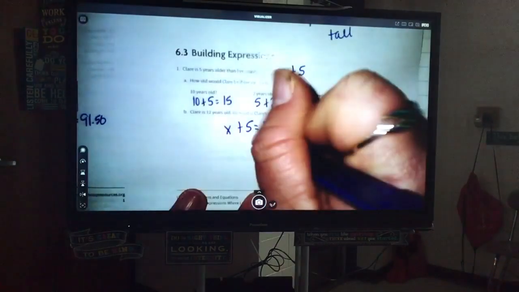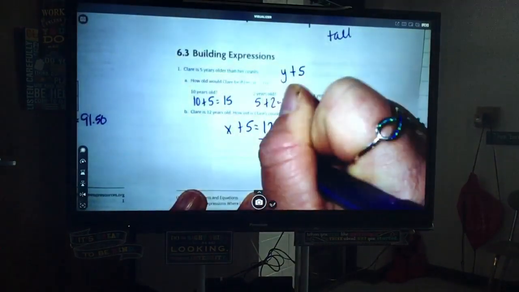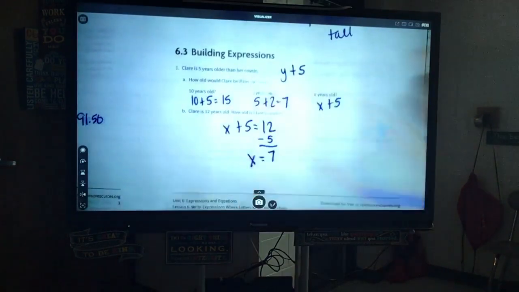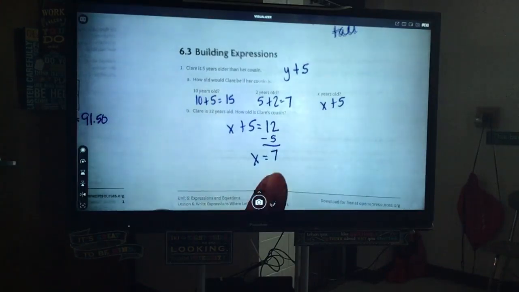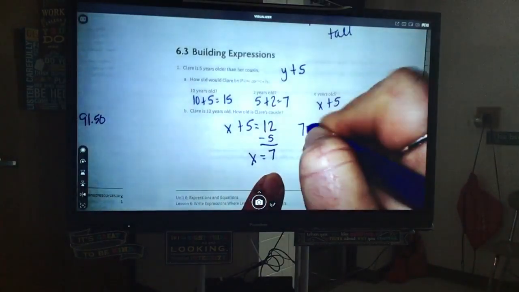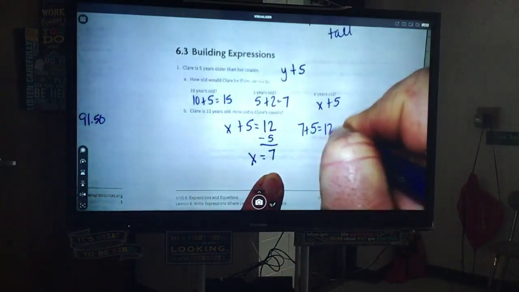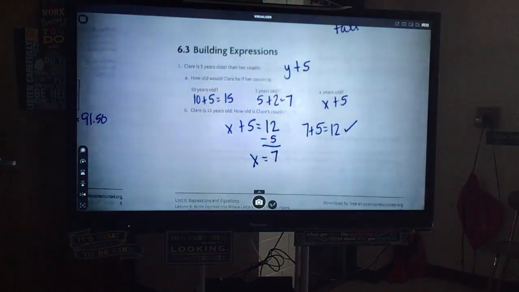Right, so I'm going to subtract and get 7, so X equals 7. And then can I plug it back in and check my answer? So now that I have a value for X, I can say, well, 7 plus 5 equals 12, and that is true. Okay? Questions about that?